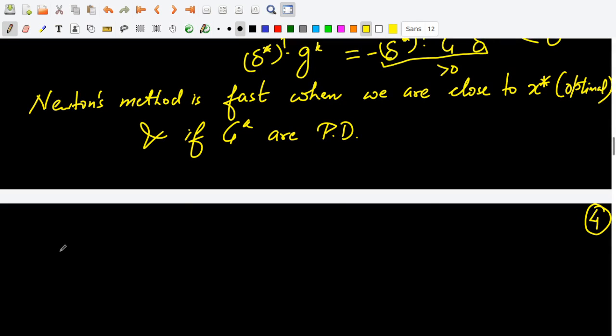And what do we mean by fast? We will try to quantify this result.